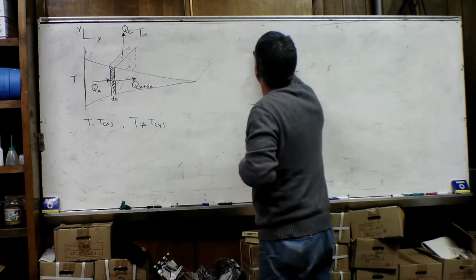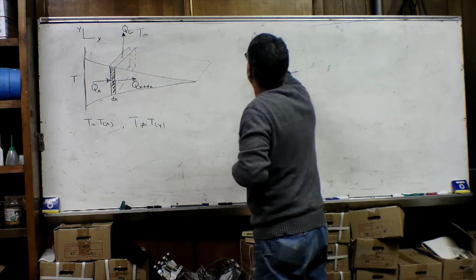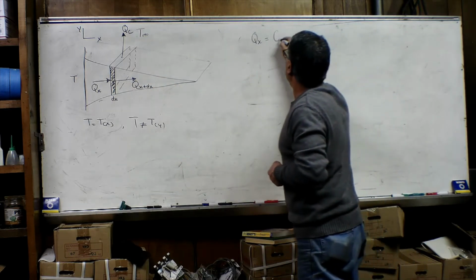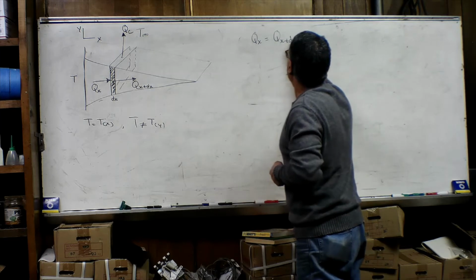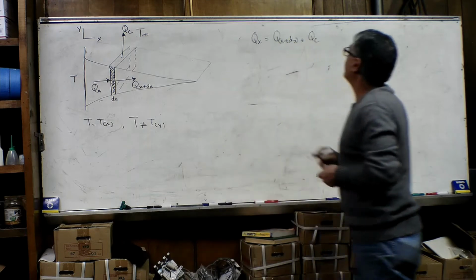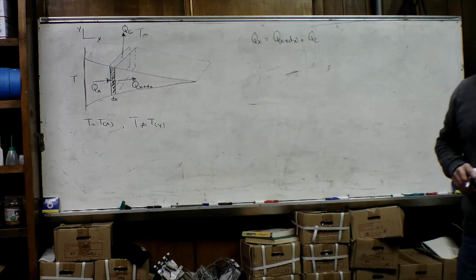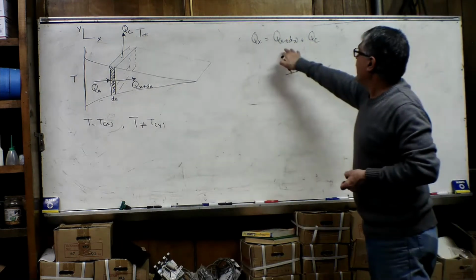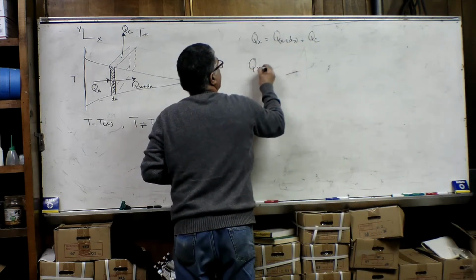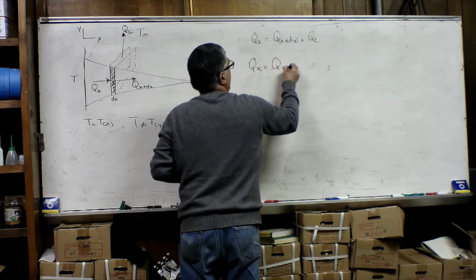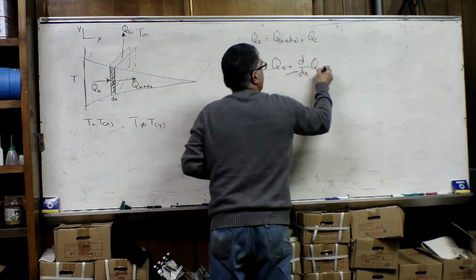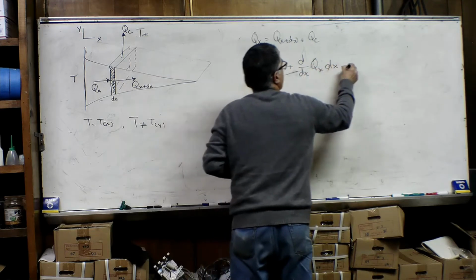So our Qx, the heat that is entering our control volume, will be equal to Qx plus dx plus Qc. Now we can use the Taylor series, and we can write Qx plus dx as Qx plus d over dx of Qx times dx, plus Qc.